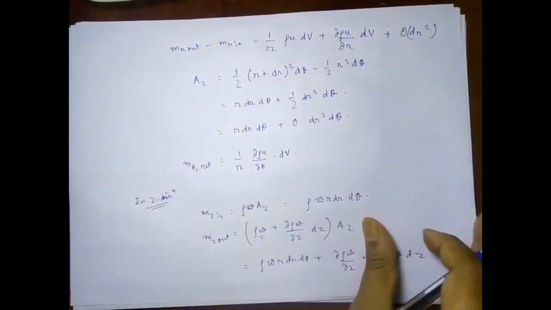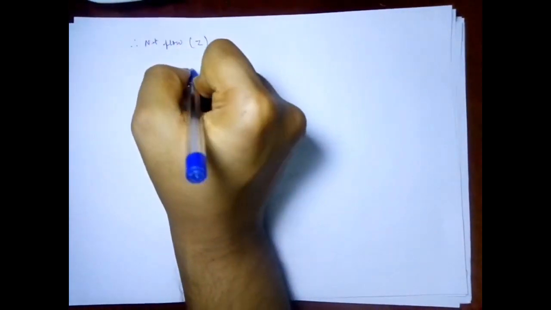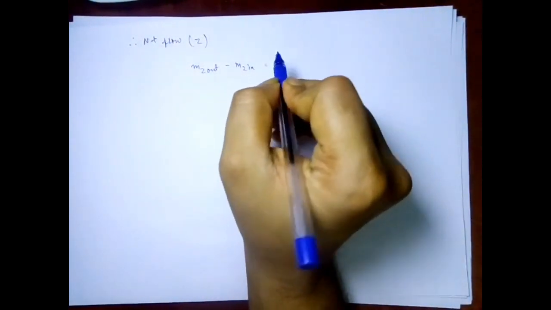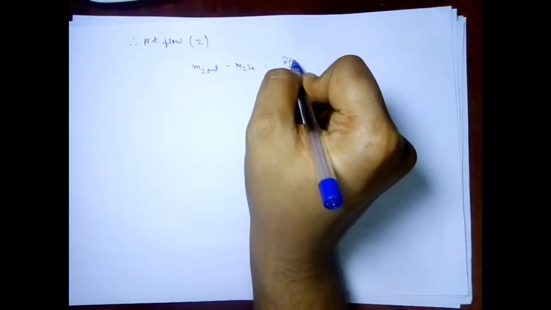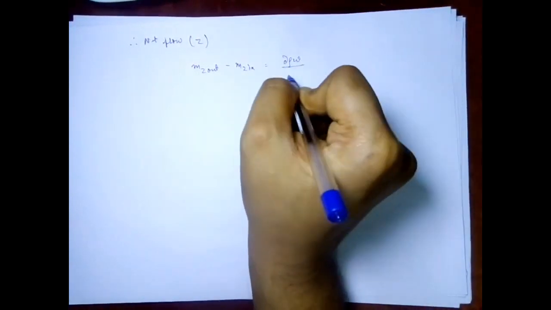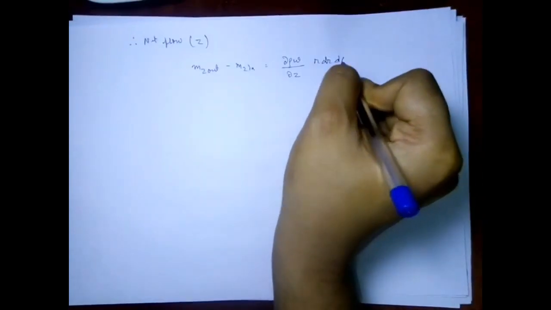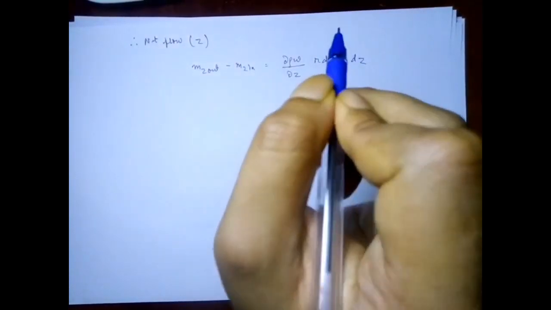Please ignore if I say w, it's omega. Therefore the net flow in z direction will be mz out minus mz in, and that is equal to del rho omega upon del z r dr d theta dz.